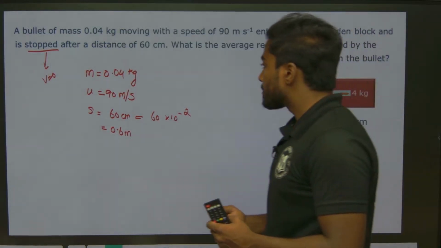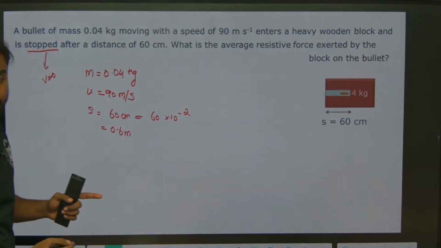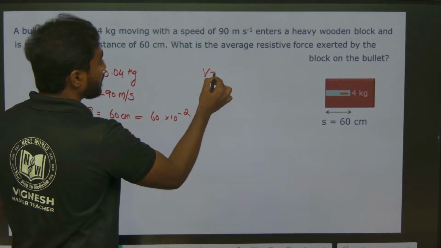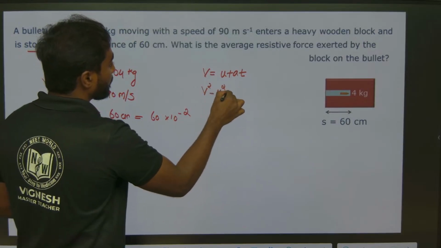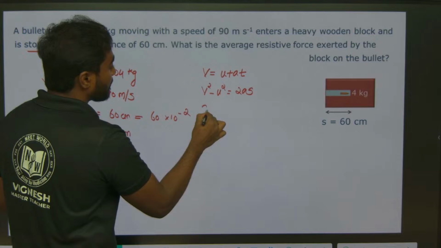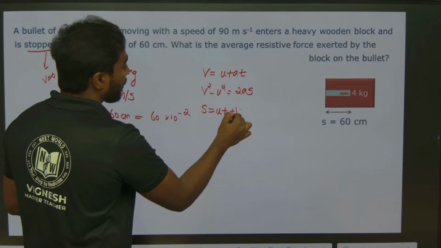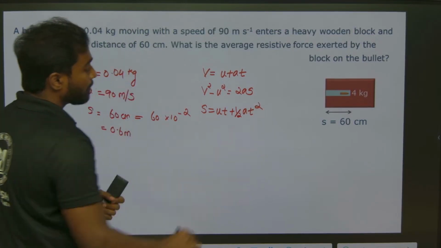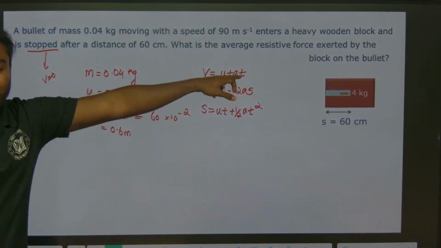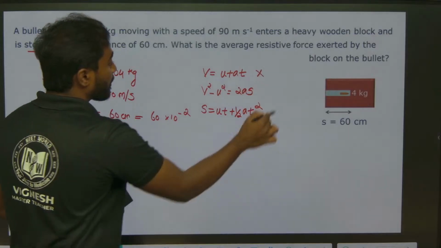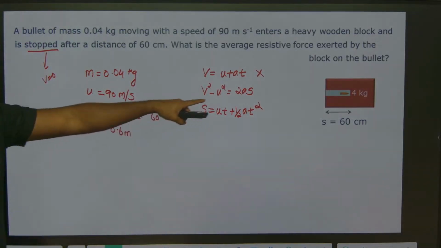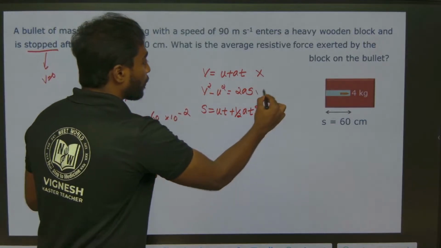Which means I can use the kinematic equations. What are the kinematic equations? V is equal to U plus AT, V square minus U square is equal to 2AS, S is equal to UT plus half AT square. In the first equation, T is there, but in the given, T is not there. So, I can eliminate this one. Second equation, V is there, U is there, S is there. So, I can use this one directly.